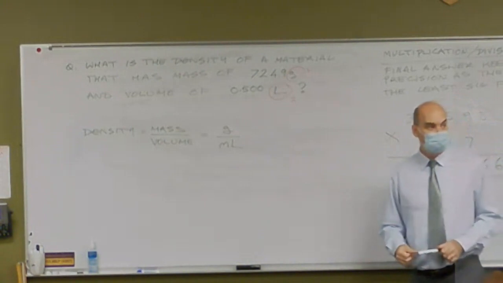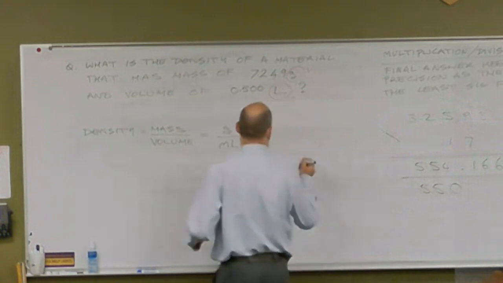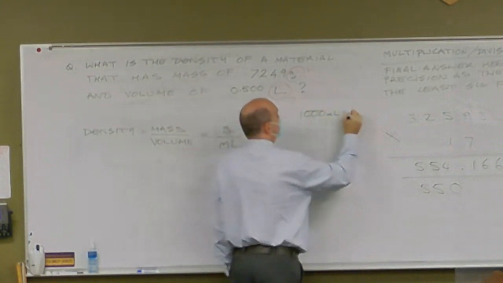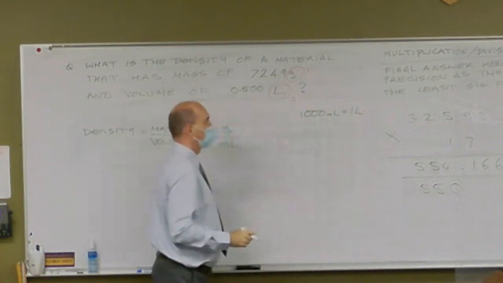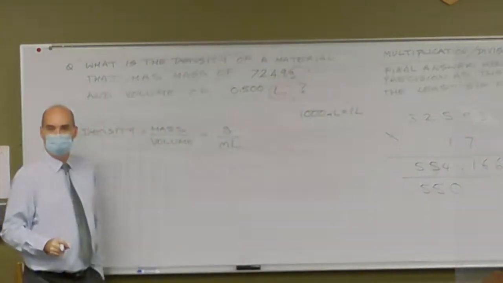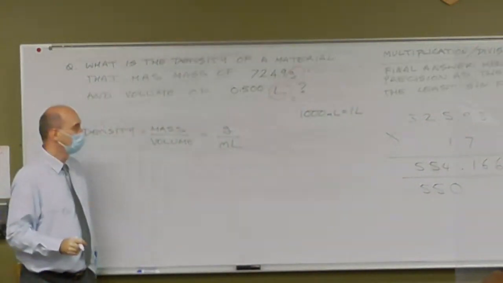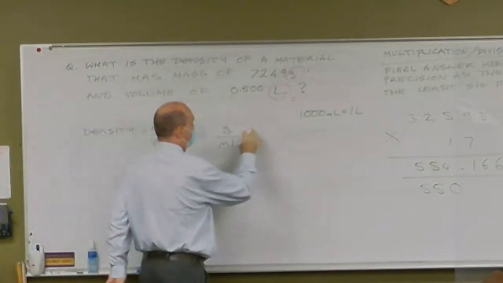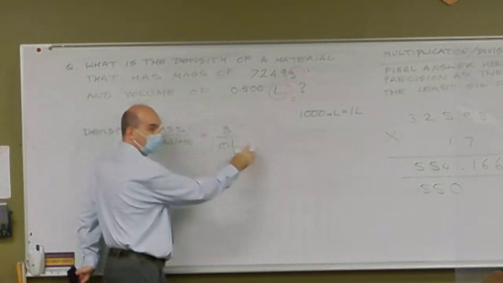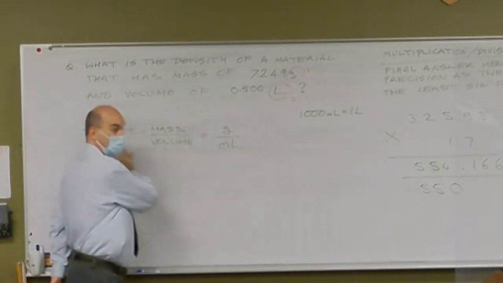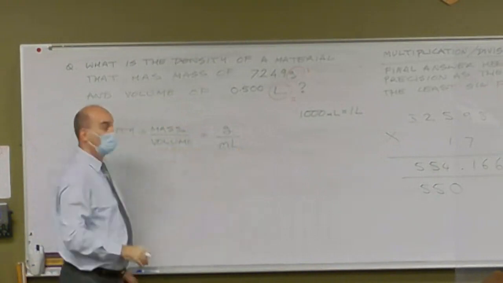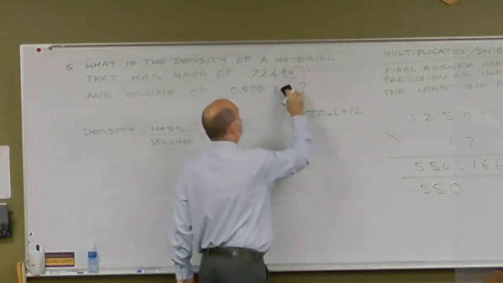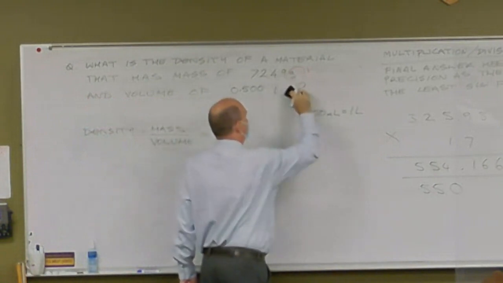The answer is always 1,000. There are 1,000 milliliters in 1 liter. So before I put my mass and my volume into this equation, what I'm going to do is figure out how many milliliters do I have.